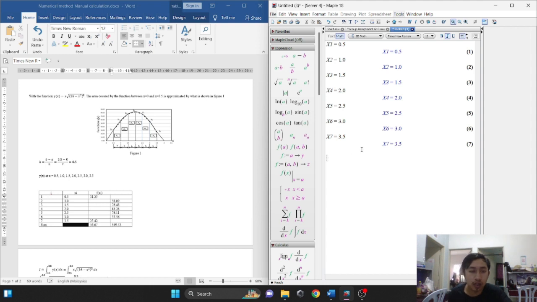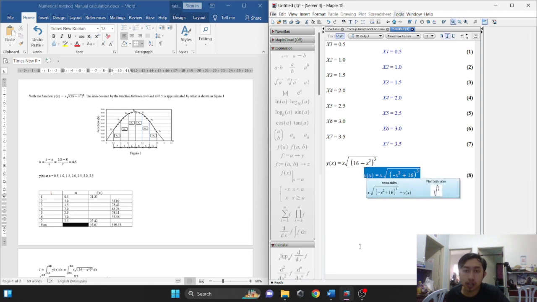Then we need to put in the equation, like f(x) equal to x square root of 16 minus x squared, power of cube. Okay, so after we declare the equation, just copy. Right.